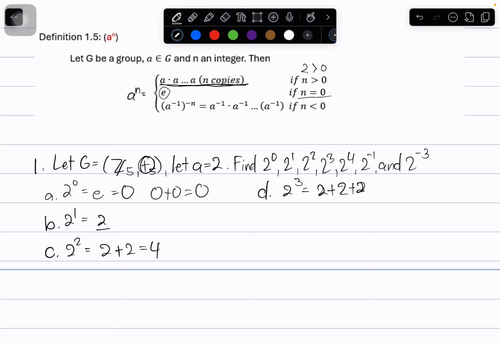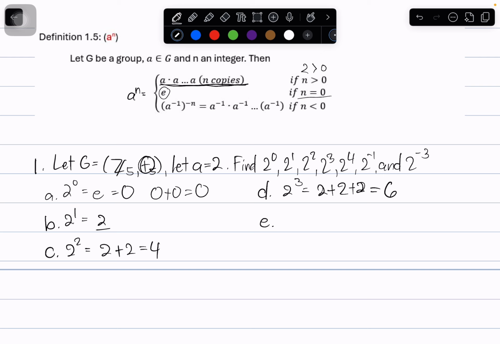We have 3 copies, and we're adding them since our operation is addition. So 3 times, it is simply 6. Usually, we know that 2 raised to 3 is equal to 8. But since we're not under multiplication and we are under addition, we will be using 2 plus 2 plus 2, because we are under addition.